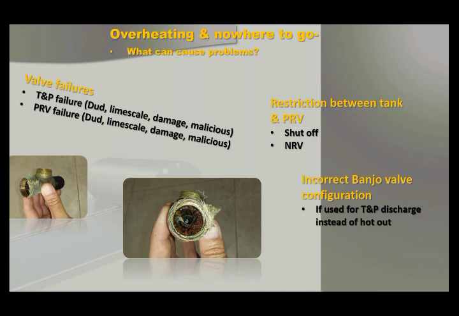So if you put the banjo valve in the hot outlet port and you use the second port on that valve to pipe and supply your hot water to your points, when and if limescale buildup does occur in that valve, you will notice it at the tap.